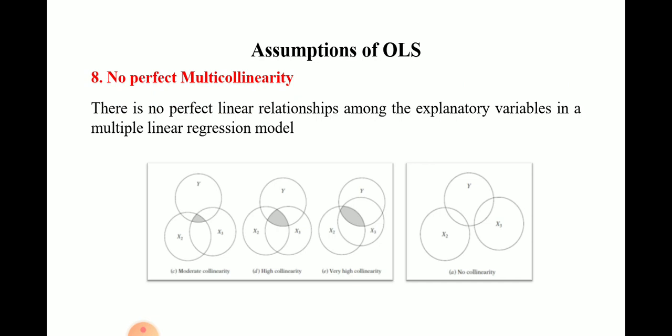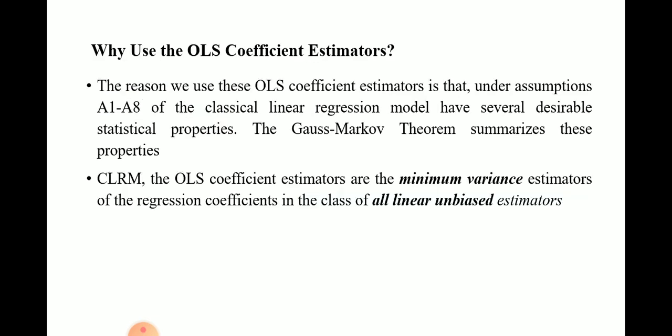One more thing I would like to tell you: if all these assumptions are satisfied, then only you will get values for your beta 0 and beta 1 that minimize the errors in your model. We want a model with fewer errors, and that will be obtained only if all these assumptions are satisfied.